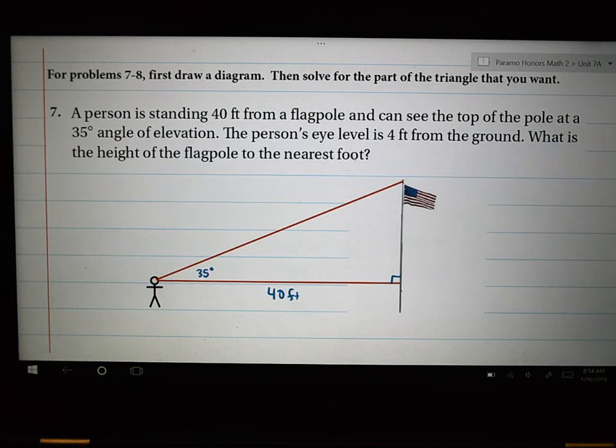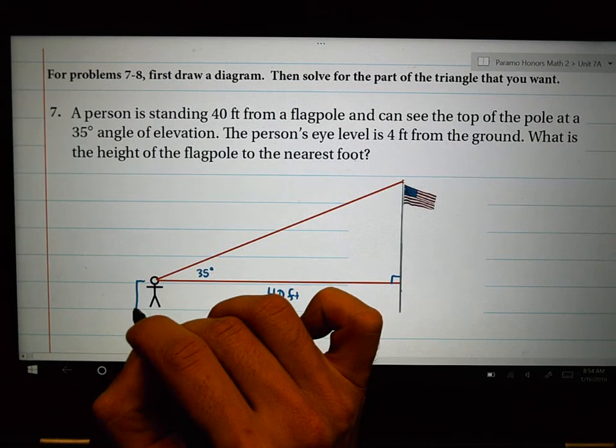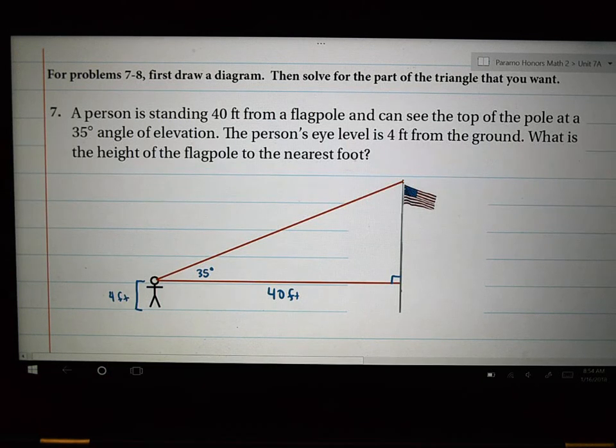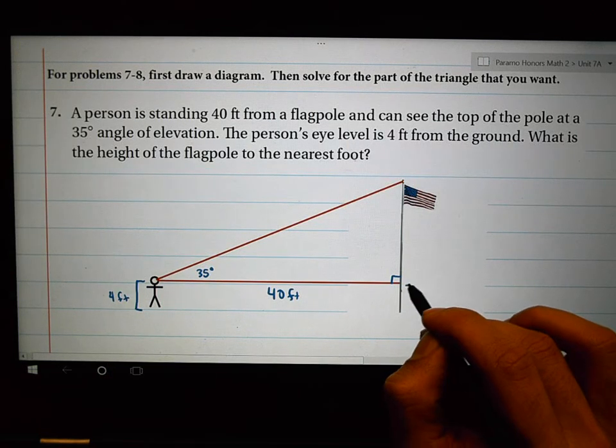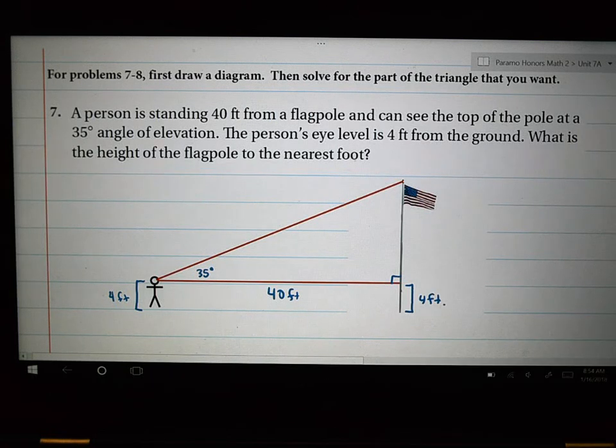The person's eye level is 4 feet from the ground. So that must mean that from here to here is 4 feet. And what that also means is that from here to here is 4 feet, right? If we're talking about level.